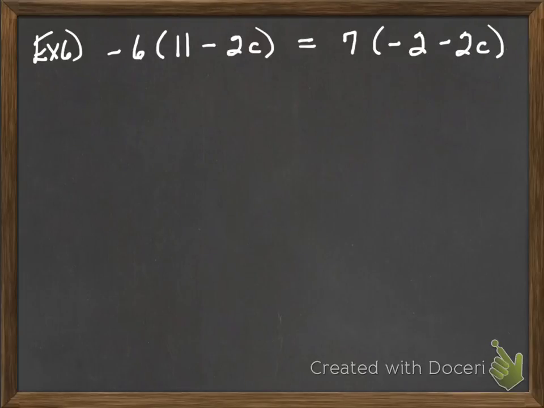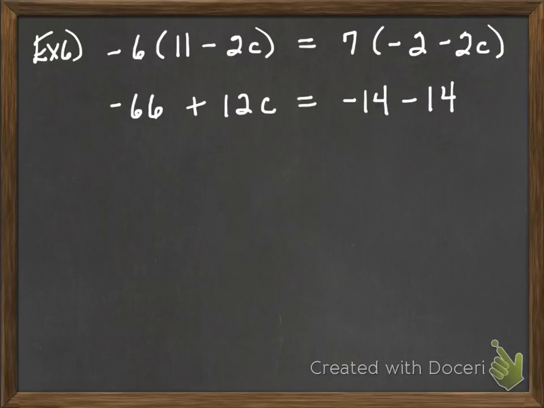So on the left-hand side, negative 6 times a positive 11 is a negative 66. Negative 6 times negative 2c is a positive 12c. On the right-hand side, 7 times negative 2 is negative 14, and 7 times negative 2c is negative 14c.